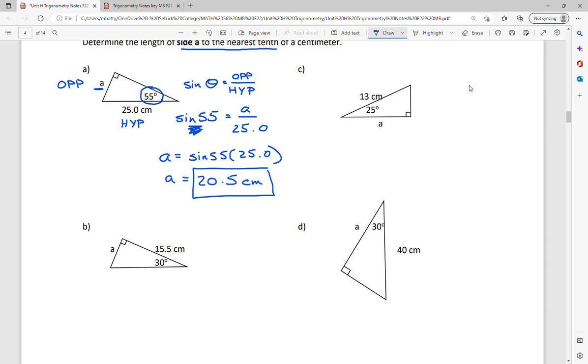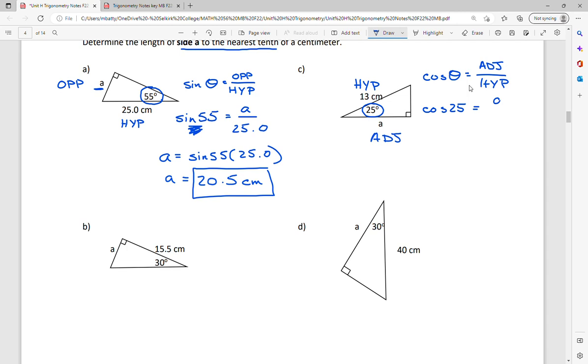All right, let's try a few more. I always go about these in the same way. I figure out what I've got and what I'm looking for. I'm going to choose the correct ratio, and I start at this point writing out that ratio because it saves me making some mistakes sometimes. So I've got my ratio squared away. Now I can sub in what I know about this triangle.